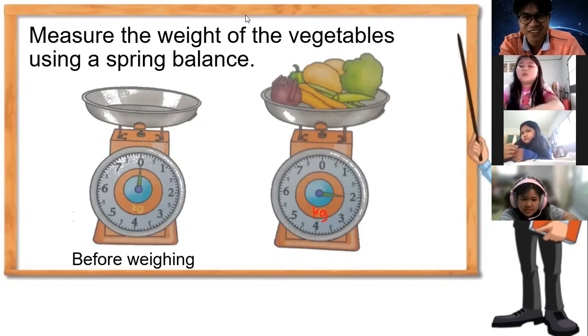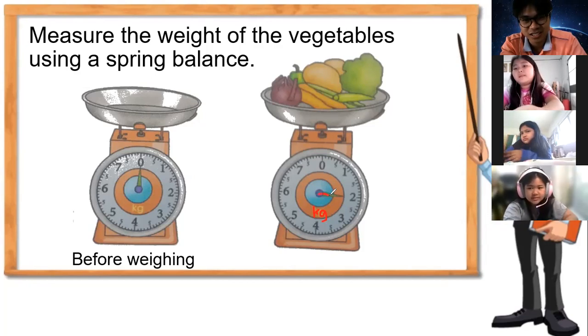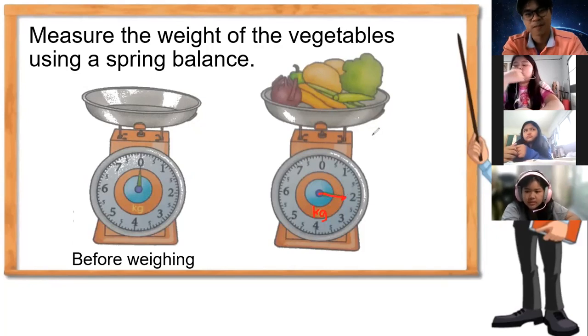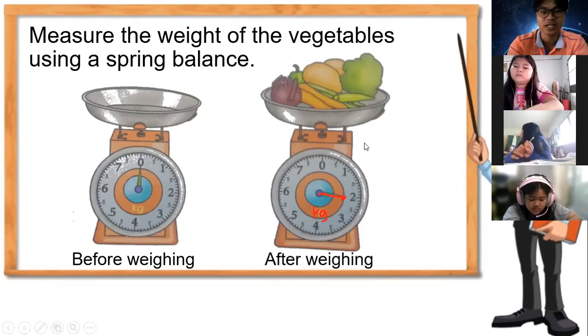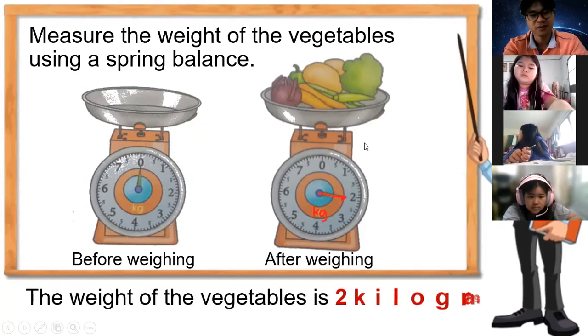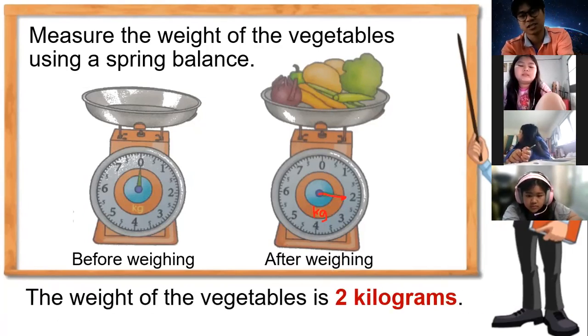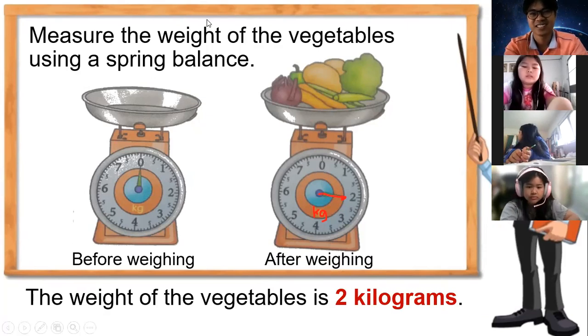What is the weight of the vegetables? The pointer is pointing at 2. Yes, 2 kilograms. So the weight of the vegetables is 2 kilograms. Like that.